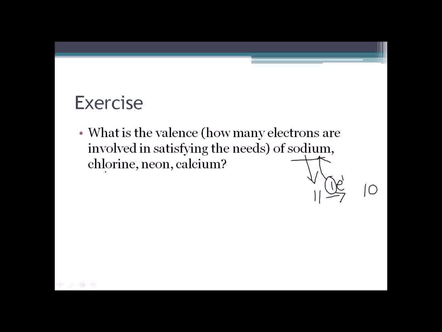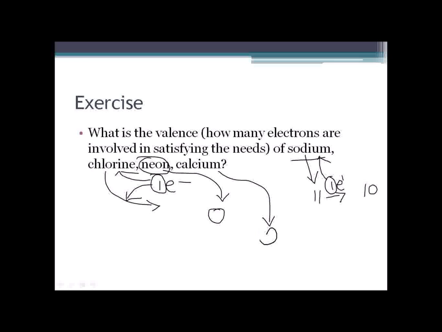Chlorine wants to pick up 1 electron to look like its nearest neighbour noble gas. Therefore, chlorine's valence is 1. Neon is a noble gas, therefore its valence is 0. And if you look at calcium on the periodic table, you'll see that it needs to lose 2 electrons to look like its nearest neighbour noble gas.